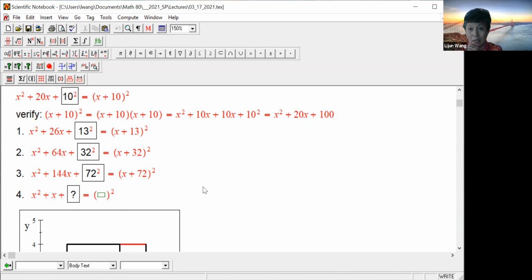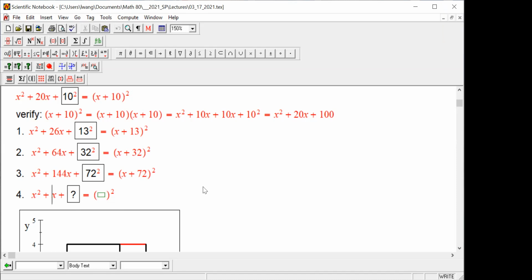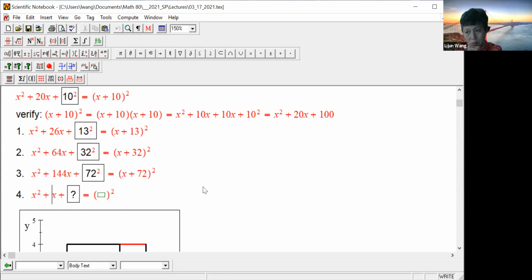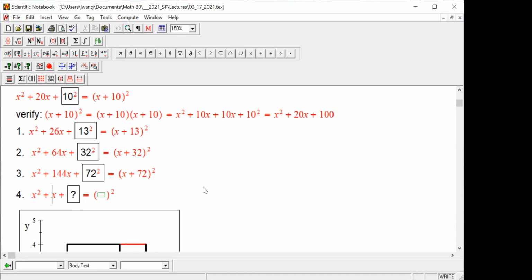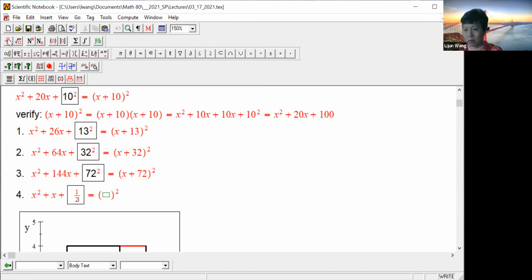It's 1, right? What is half of 1? Is it 0.5? It's half, isn't it?